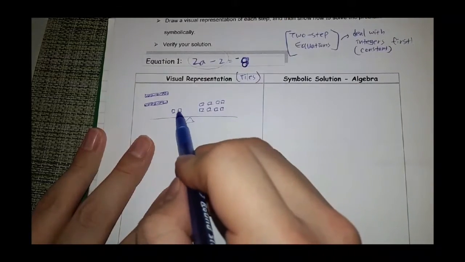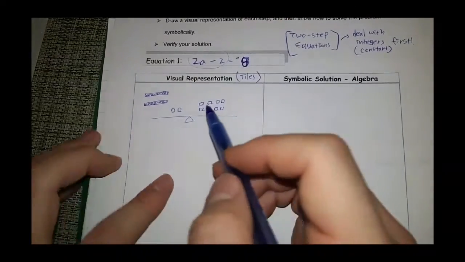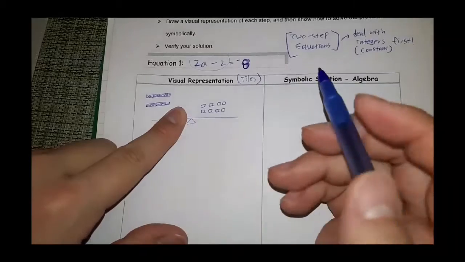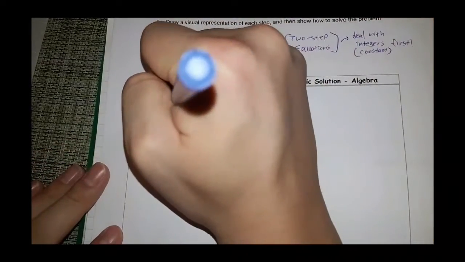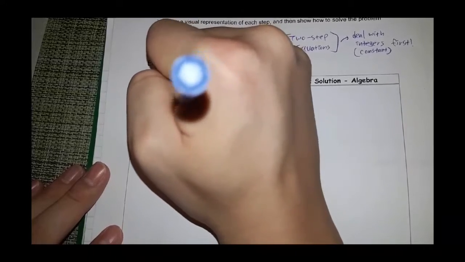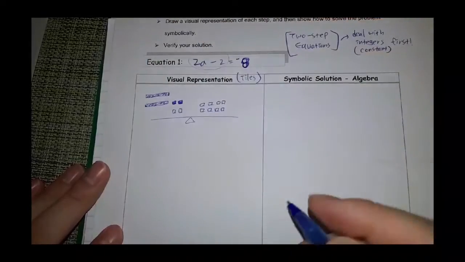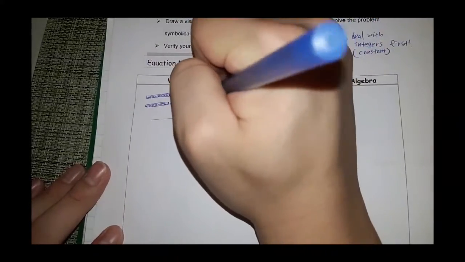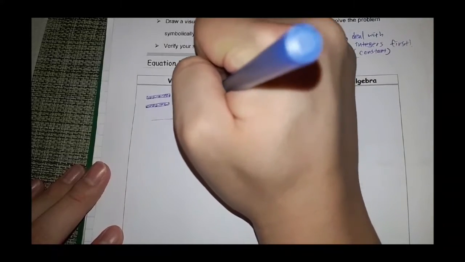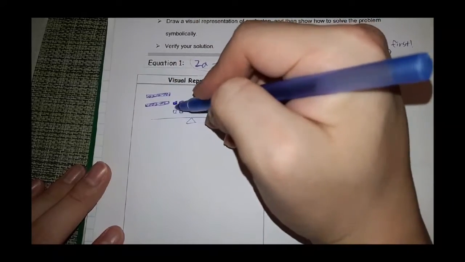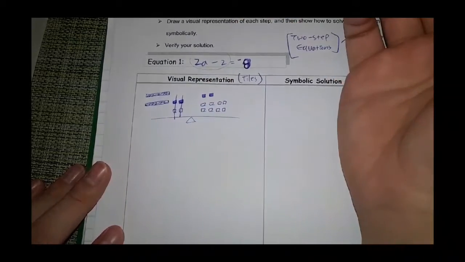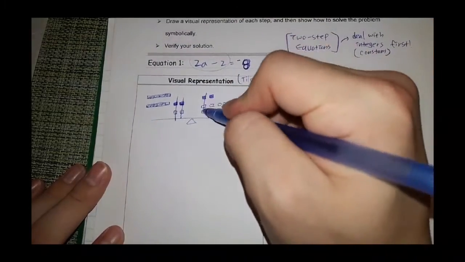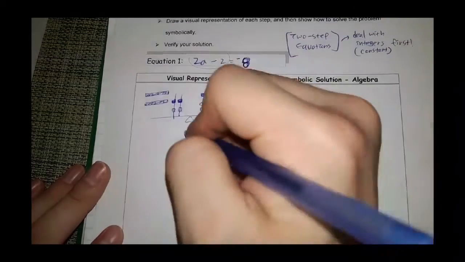I have 2 empty tiles over here. You want to get rid of these 2 tiles. But in order to be fair, we need to introduce 2 colored tiles on both sides. The reason I put in colored tiles is so that those 2 colors are contradicting, so that I can make a zero pair. And I can make that happen for the other side too.